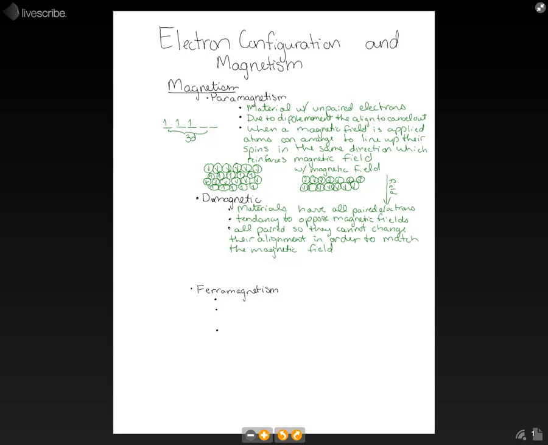So internally within the atom, they've already canceled out their magnetic potential, or that dipole. So you can't really change that.